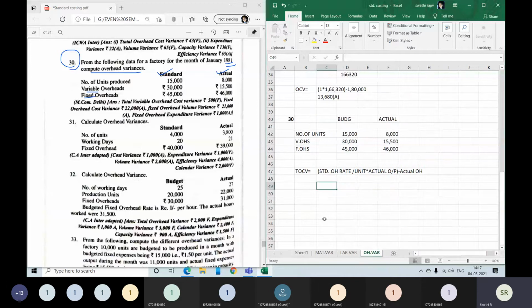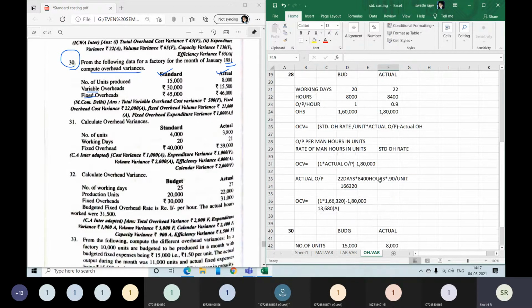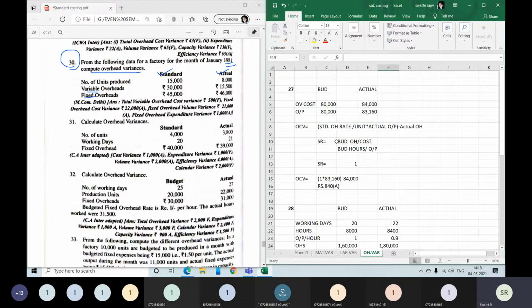But right now, the problem is there are two kinds of overheads here, variable and fixed. So the question is, when you are finding standard, which standard should you use? Variable overhead standard or fixed overhead standard? What is the formula for calculating standard overhead rate? It will be per unit, because there are no hours.